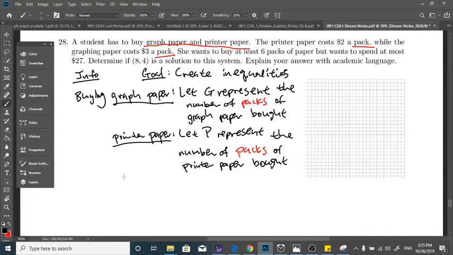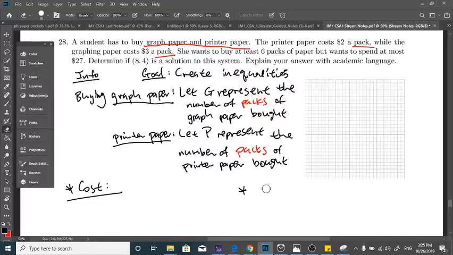Anyway, so what other information? We know a few things. We know information about cost. And we know information about, I'm going to put number because I used number over here. So let's just use the same thing.